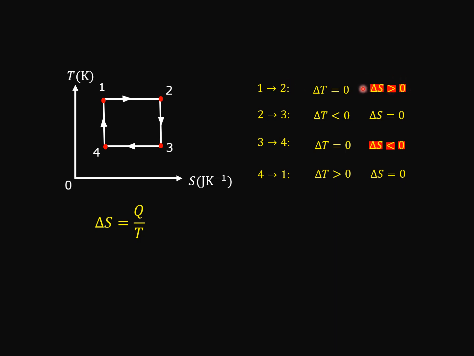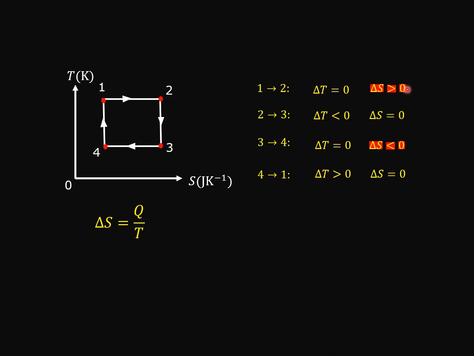Therefore, the entropy change is a positive value based on this formula. And from state 3 to 4, this process, which is isothermal compression, the entropy change is less than 0, because the heat is flowing away from the system, or from the gas. So according to this formula, delta S is less than 0.